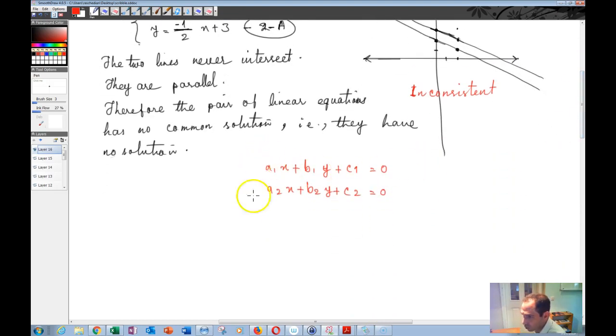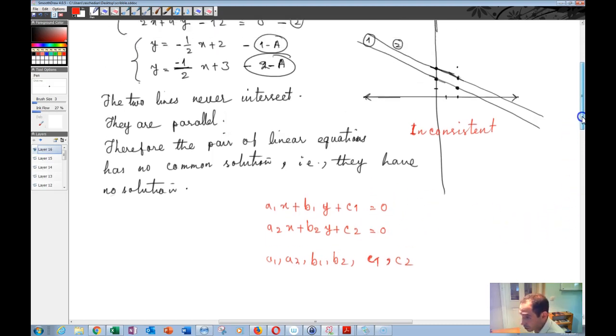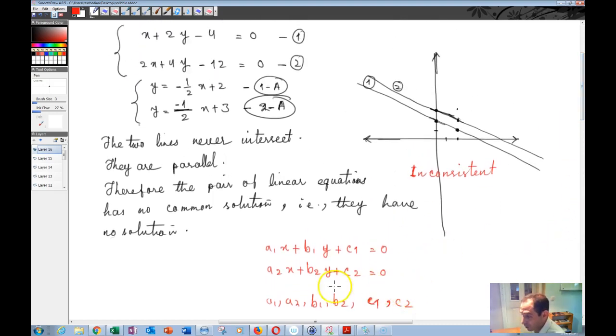So you have all of these coefficients here, a1, a2, b1, b2, c1, c2, and there is this relationship between the coefficients of your linear equations and the way that they are represented graphically.